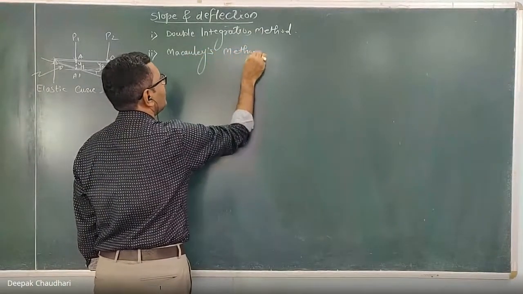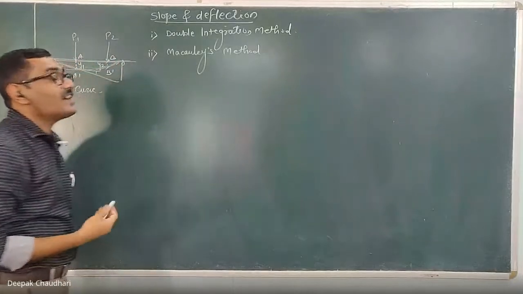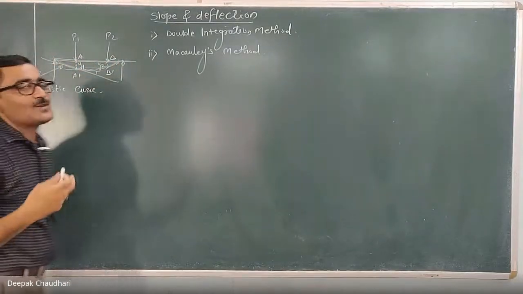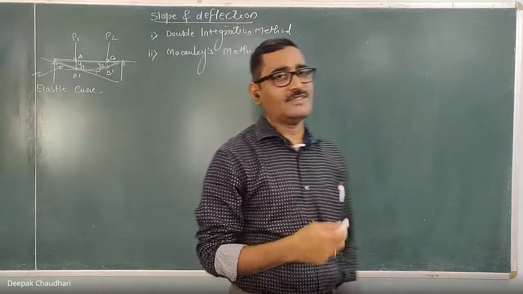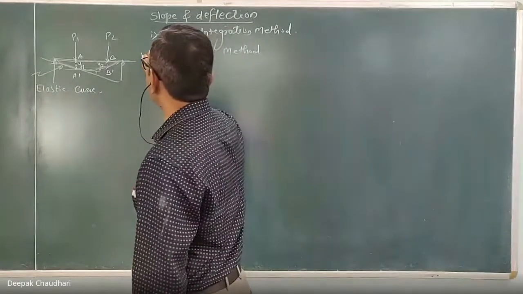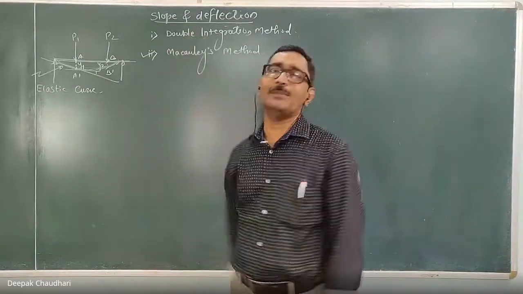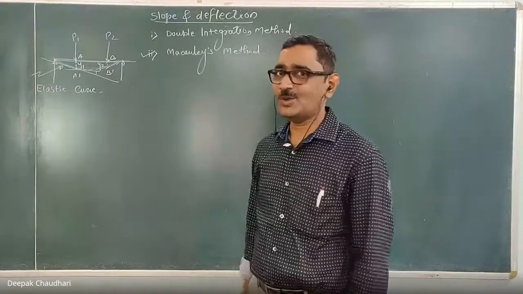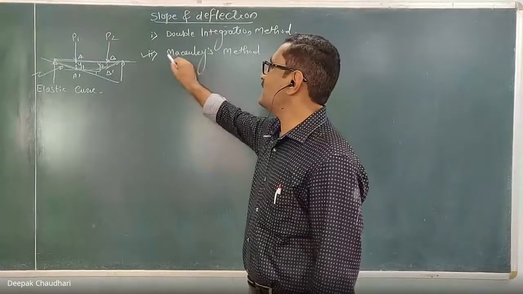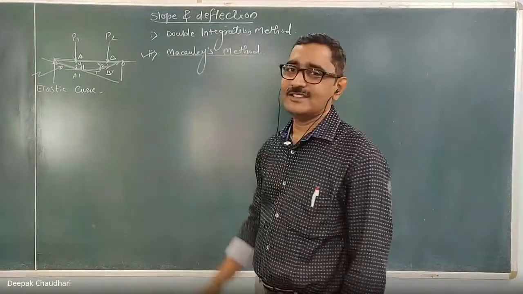These are the two important methods we are going to learn to calculate the slope and deflection. Out of that, Macaulay's method is very versatile and important, which is again derived from the double integration method only.